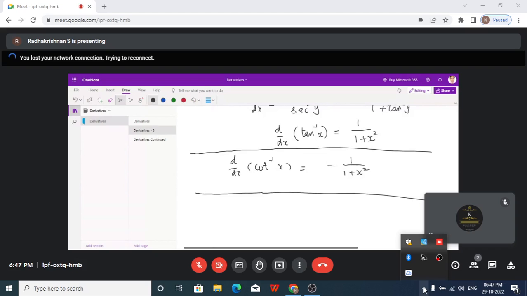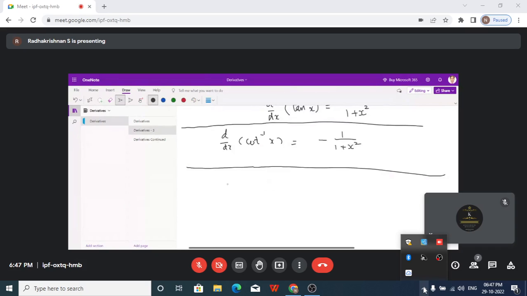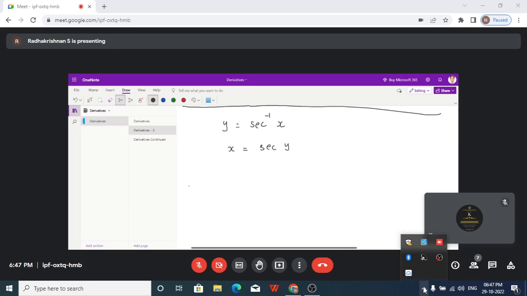Now let's do secant. So y equal to secant inverse x, right? x equal to secant y. Whatever same method we use, 1 equal to. So what is the derivative of secant y?